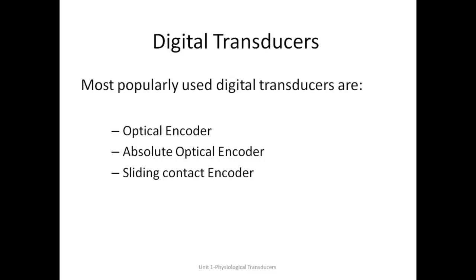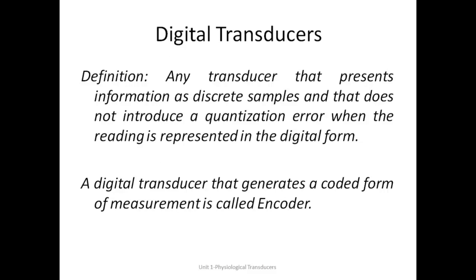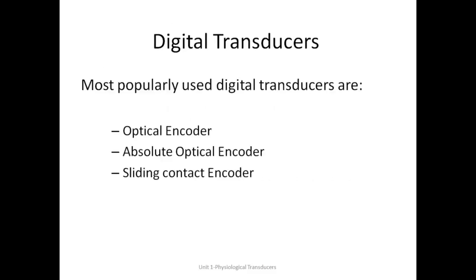So a digital transducer, as we have seen, is any transducer that gives you the information in terms of discrete samples, but does not introduce quantization error, and it generates the output in some coded form. So we give it the name encoder. The three most popular types of digital transducers that we use in designing instruments are the optical encoder, the absolute optical encoder, and sliding contact encoders. We'll talk about all these three one by one.